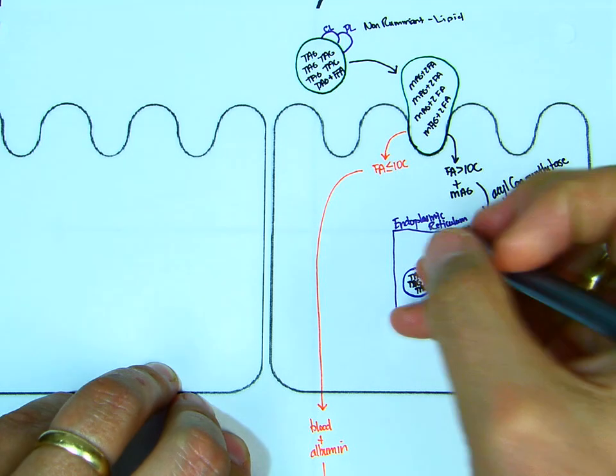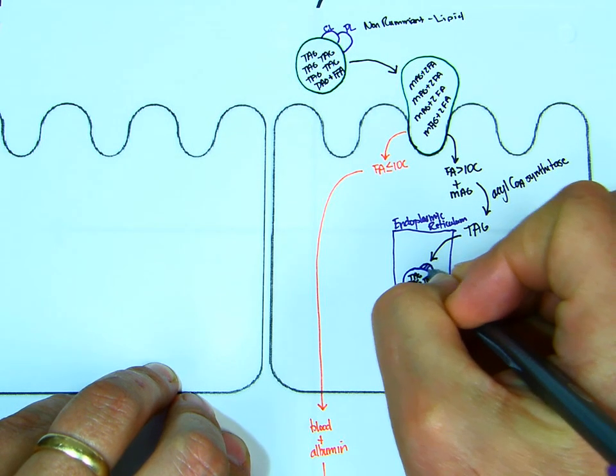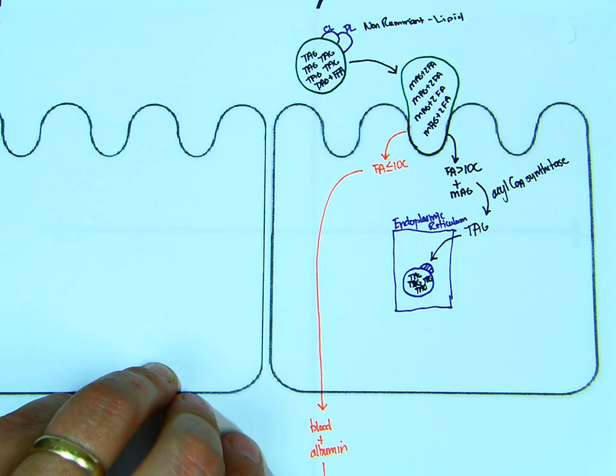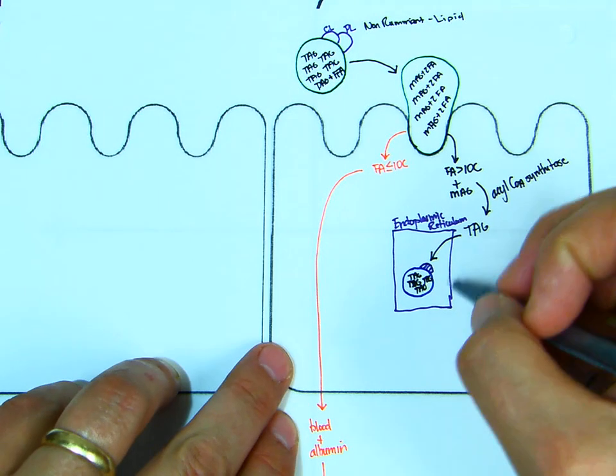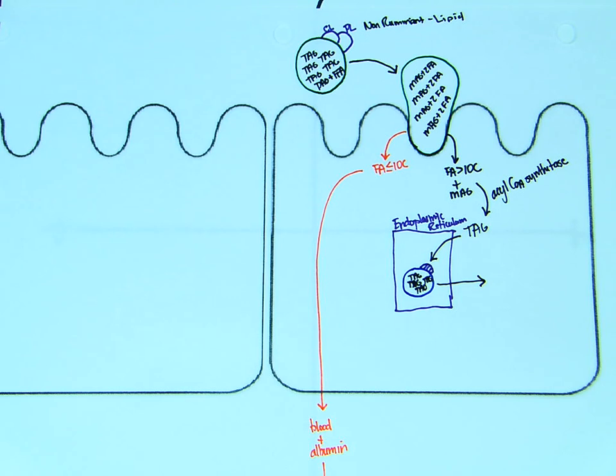It's going to receive a protein. That protein's B48. And that's basically its name tag. And then this is going to move to the Golgi apparatus.